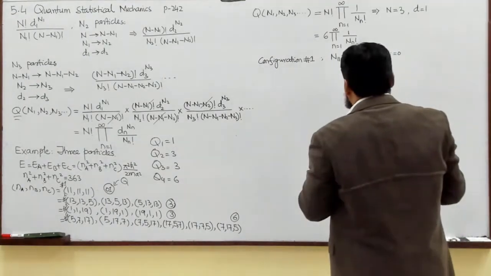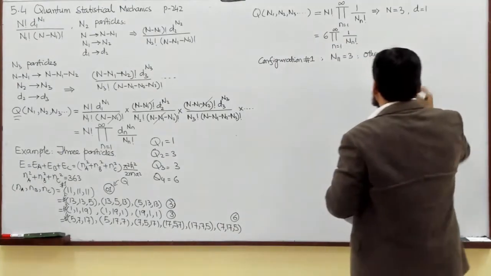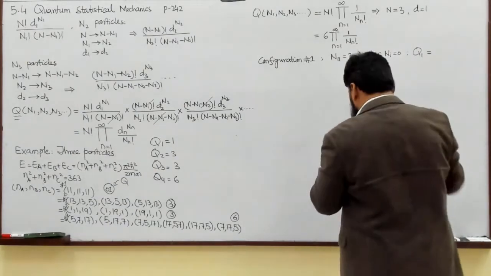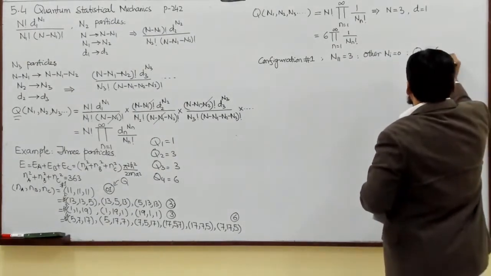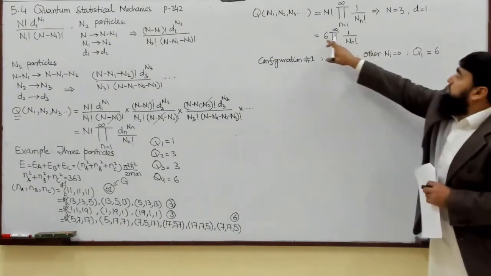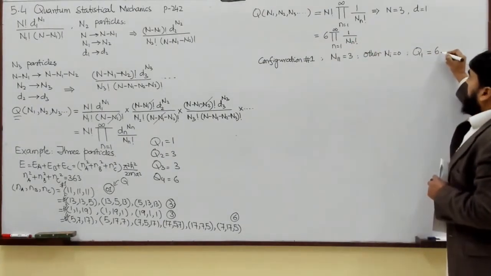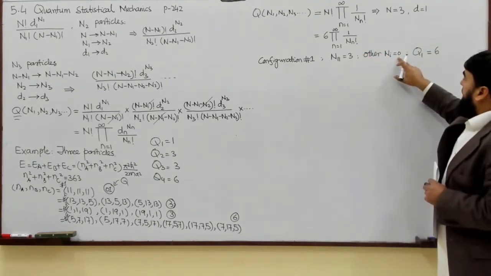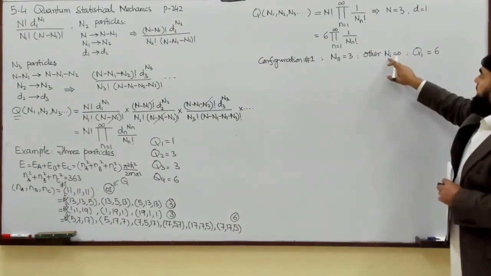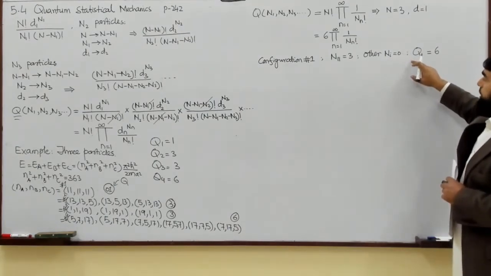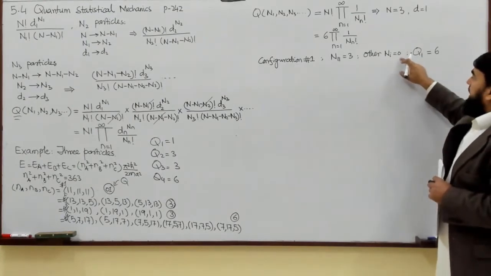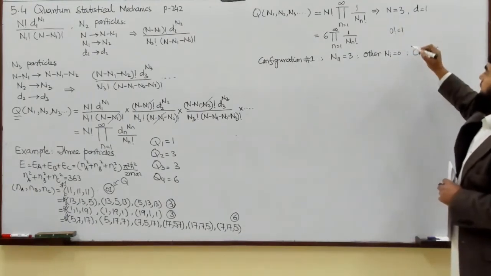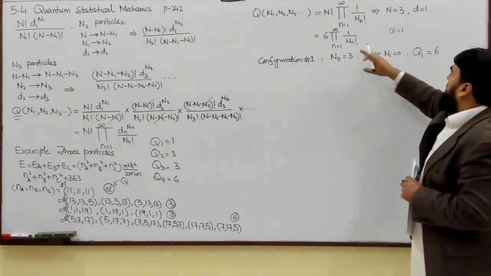And what about our Q here? Our Q1, because this is configuration number 1, is 6 times the product of 1 over n factorial. All other n's are 0, and 0 factorial is equal to 1, so in the multiplication they will not bring it to 0.